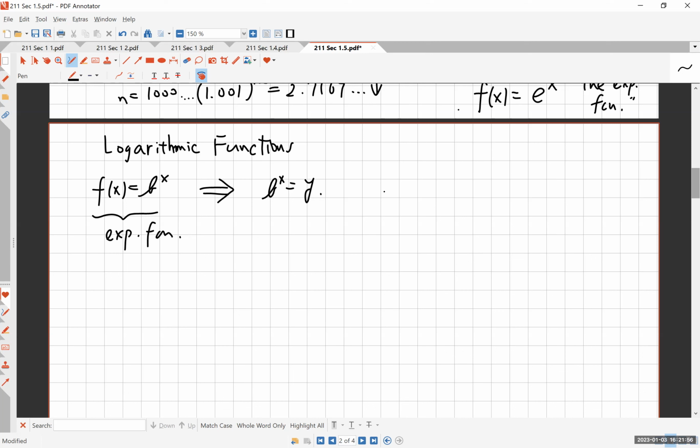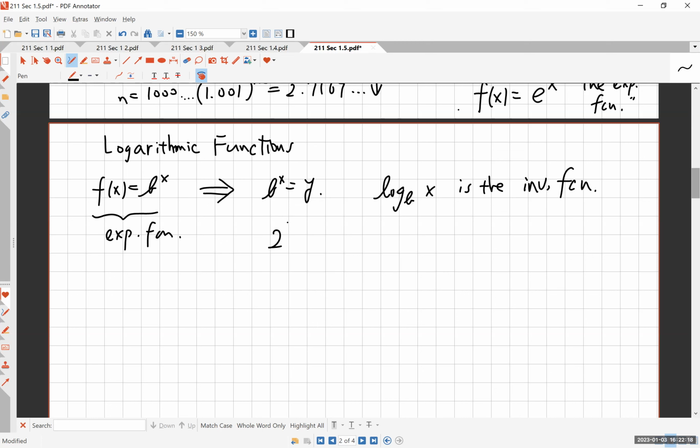And so that is the log function, log base b of x. Well, I shouldn't say that. Log base b is the inverse function for that.